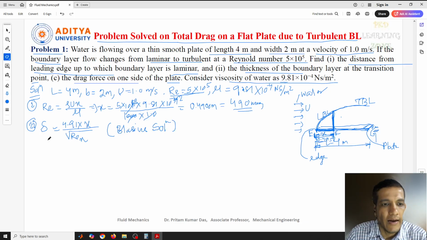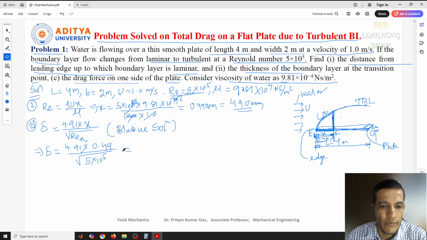So very simple, we can calculate delta equal to 4.91 into x, which we have already calculated as 0.49 meter, divided by root over of the Reynolds number, that is 5 into 10 to power 5. So we need to solve this.